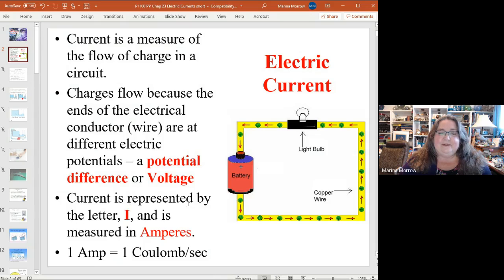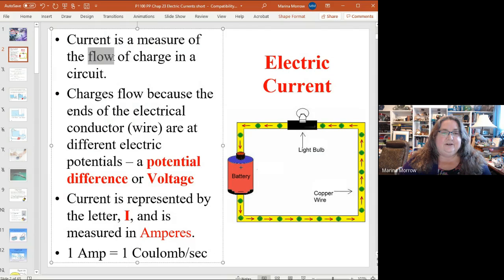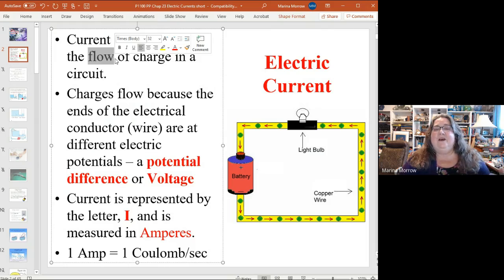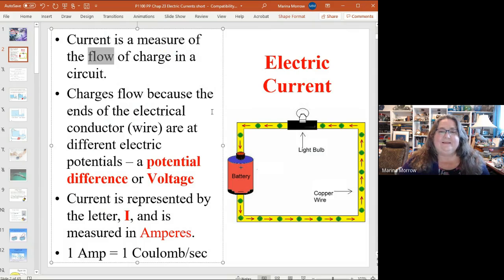Now, current is represented by the letter I, and it is measured in amperes, for Mr. Ampere. Right. And so an ampere is 1 coulomb per second, because current is a measure of the flow of charge. So how many coulombs of charge pass a certain point in a second?